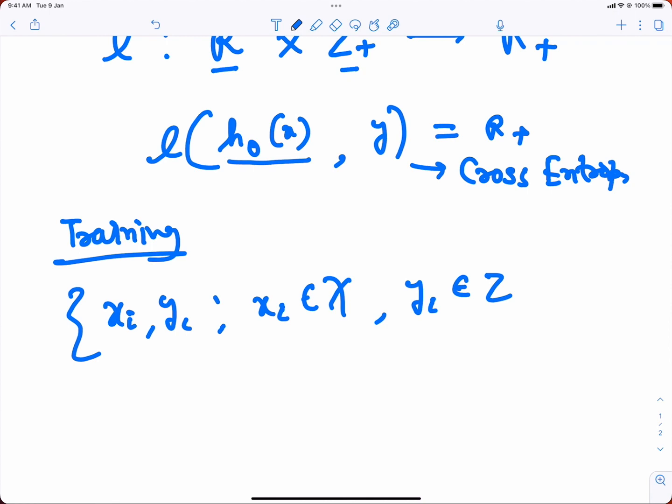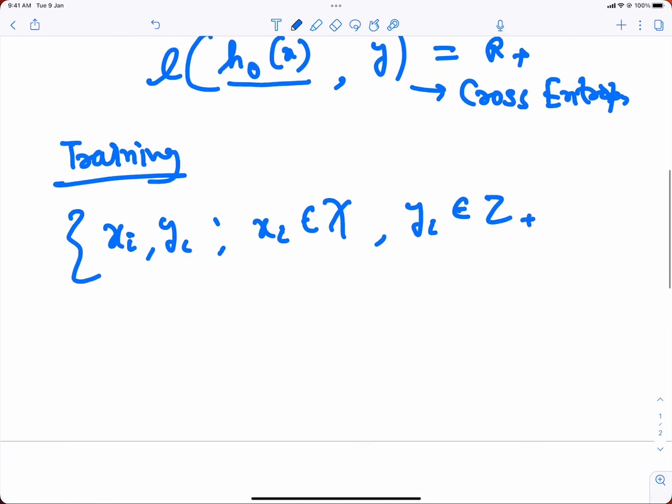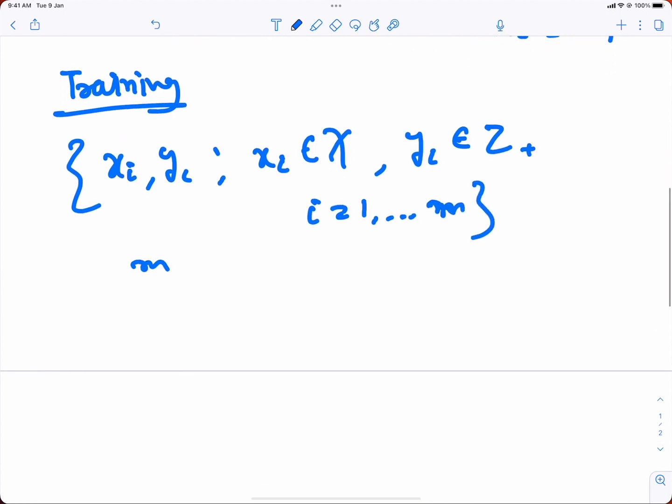This is our training set, and i varies from 1 to m. When we say m, it means there are m training examples.